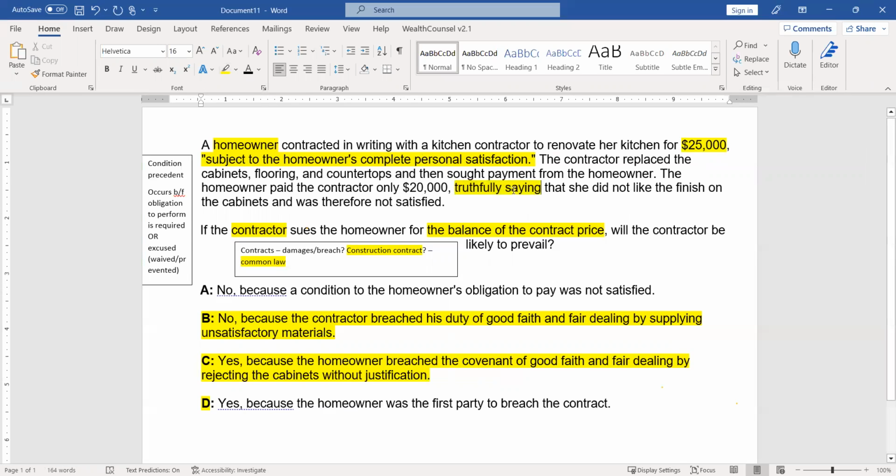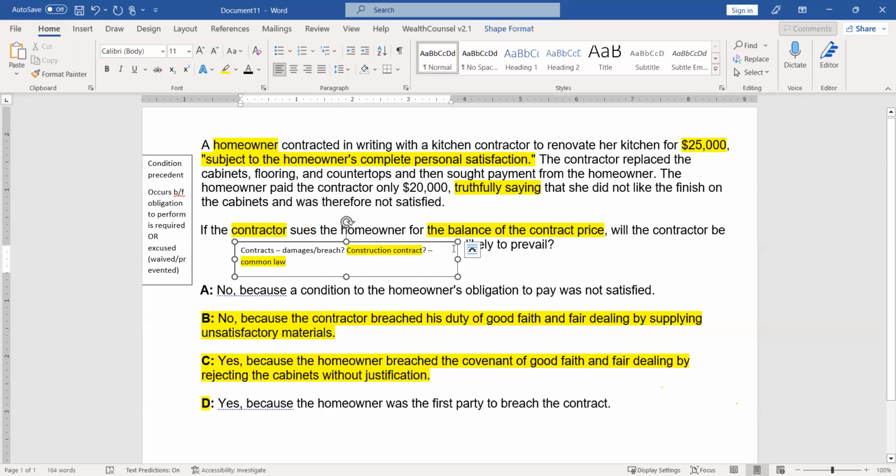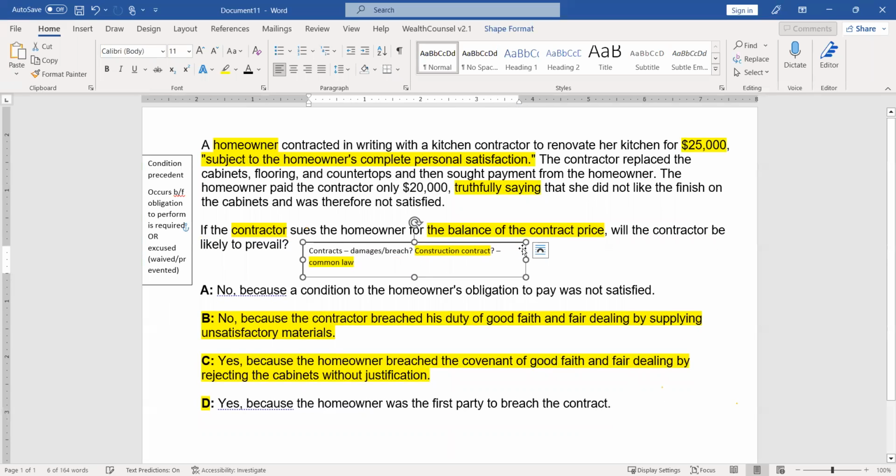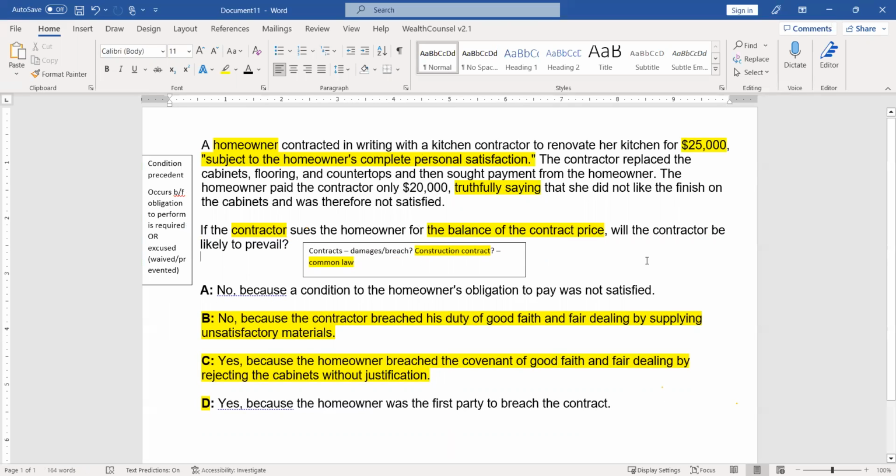Usually when they give you more than what you would need, where there are lots of adjectives or it goes on and on, there's a hint that it could change your analysis, or it's a hint that that's an important fact for your final analysis.